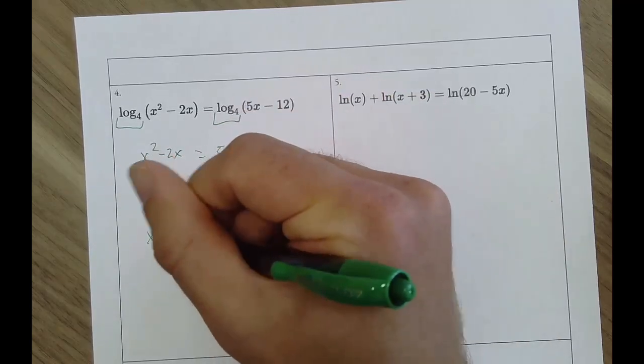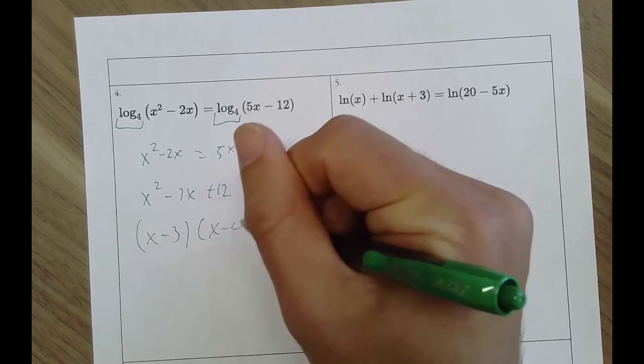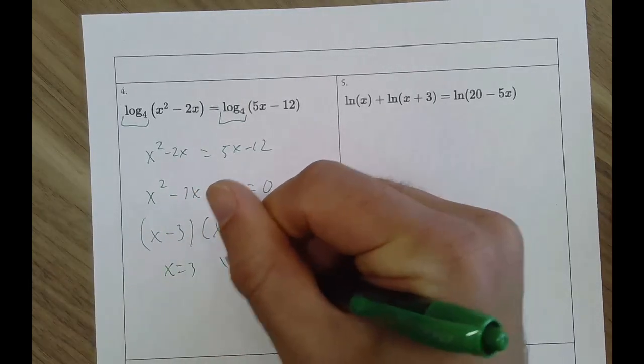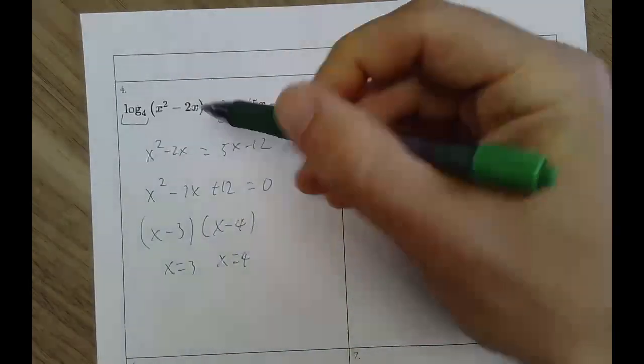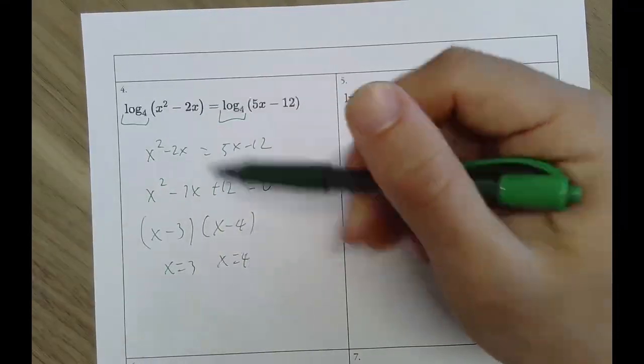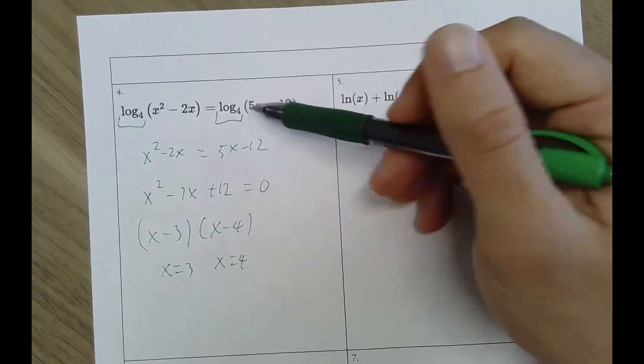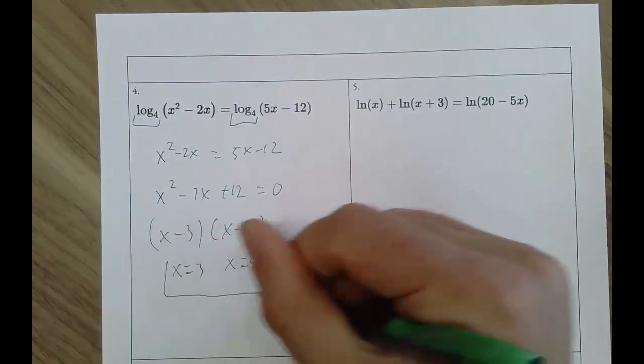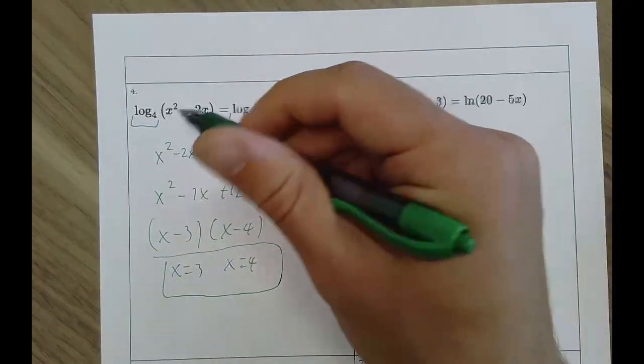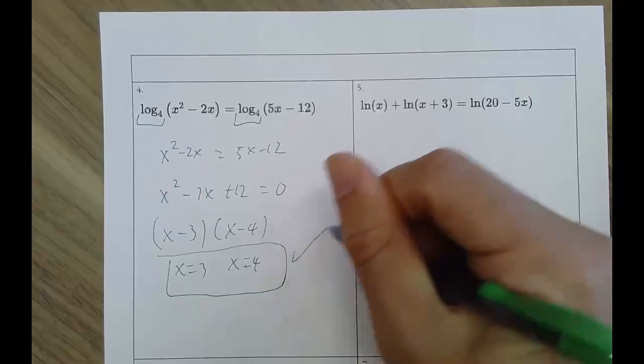So x minus 3 and x minus 4. x equals 3, x equals 4. Make sure they both work. So we have 9 minus 6, yes. 16 minus 8, yes. 15 minus 12, yes. So they both work, because when I plug in both, I always get positive numbers in here. These are both going to work.